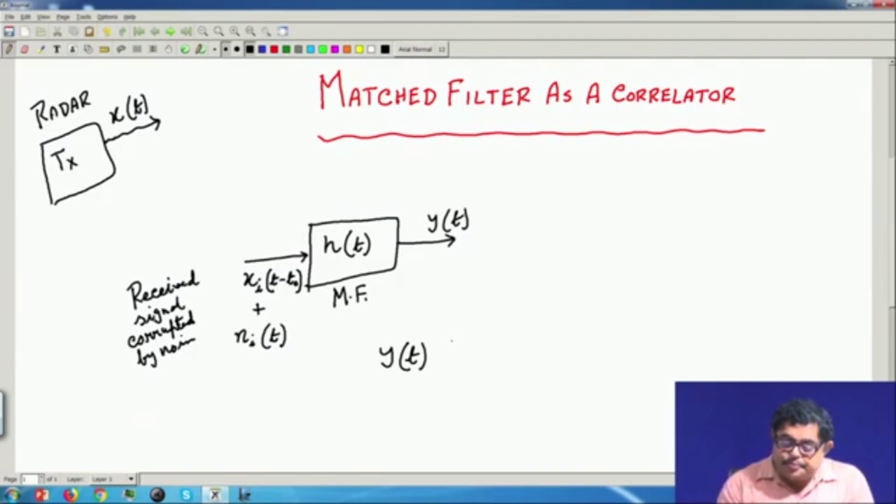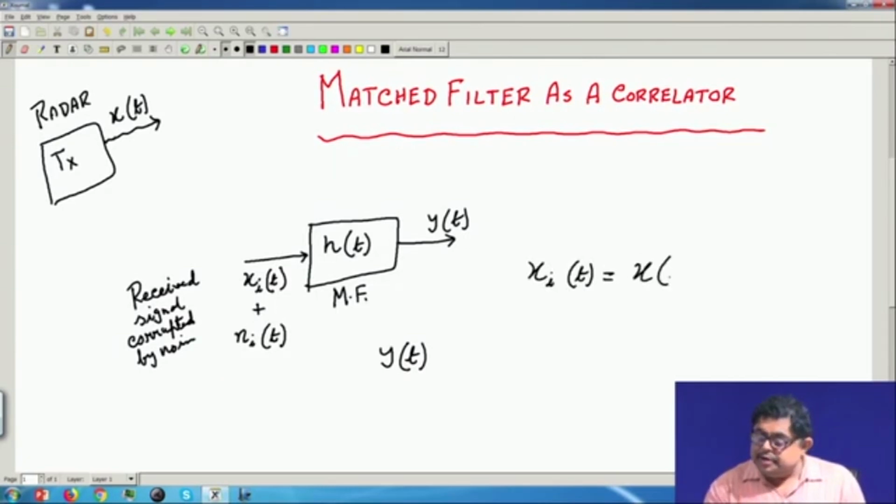Let me explicitly define it mathematically. What is x_i(t)? x_i(t) is nothing but x(t minus T naught).